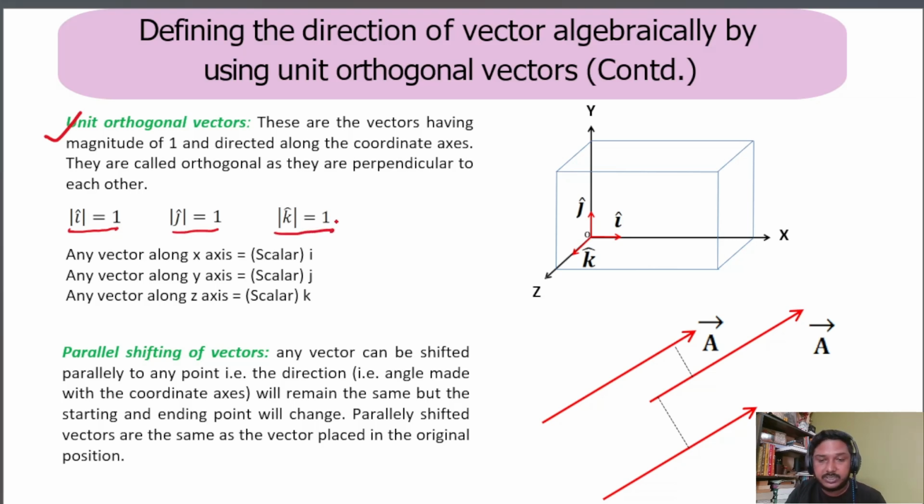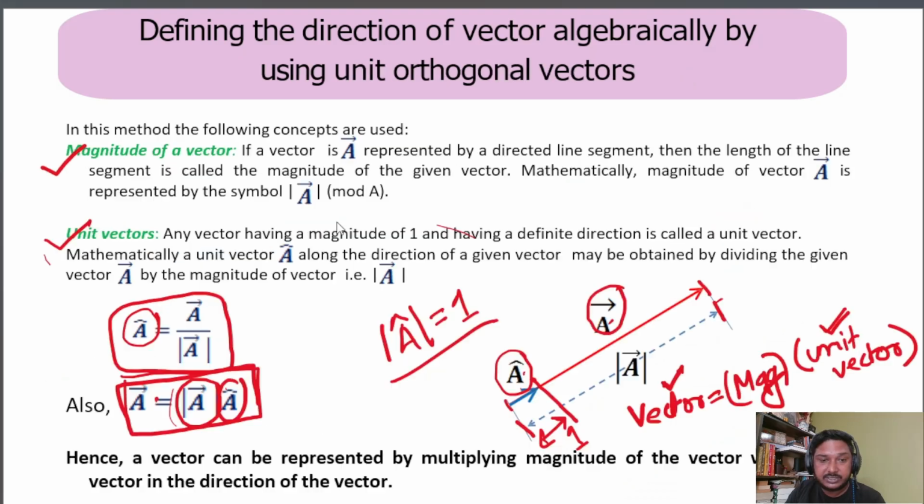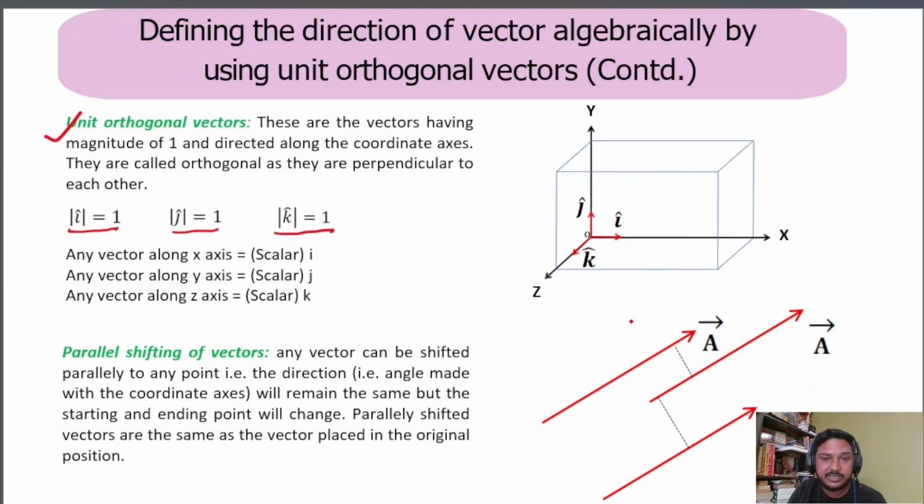Now, the important concept that I told you in the last slide was that any vector is basically magnitude multiplied by the unit vector in that direction. So if we extend this concept here, if we multiply i cap with some magnitude, we will get a vector along the x-axis.